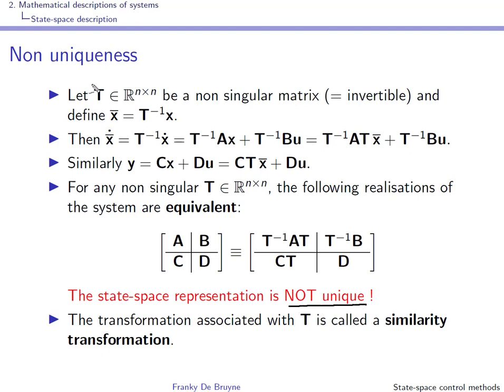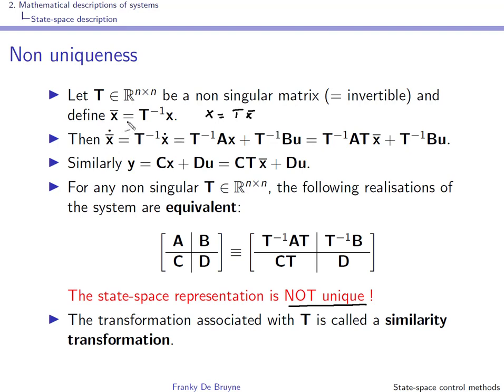Let us take a matrix T, n by n, that is non-singular. This means that T is invertible, so T minus 1, the inverse of T, exists. Let us define a new state x bar that is constructed from the previous state as T minus 1 x. Obviously x is equal to T x bar.